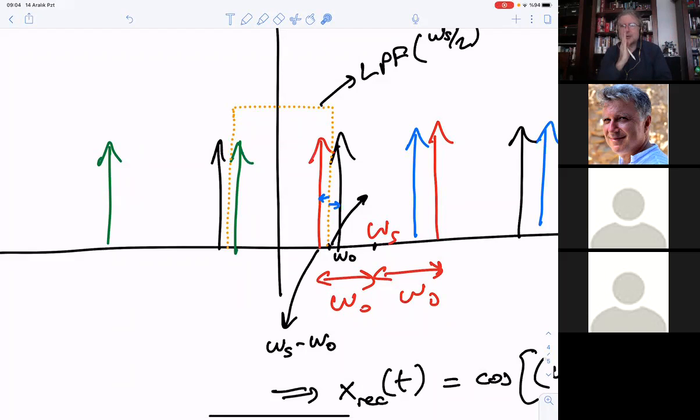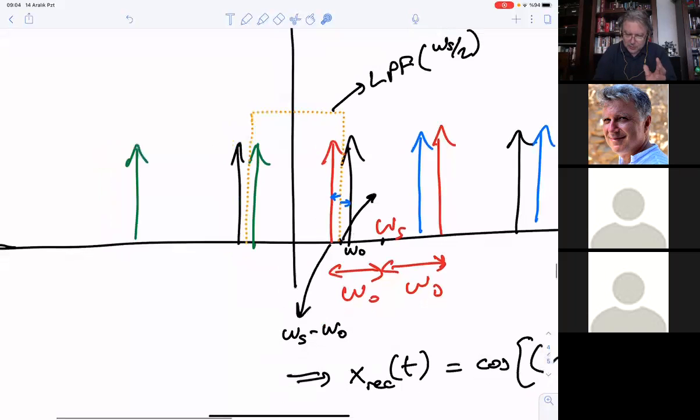So around omega s over 2, these two frequencies of omega 0 and its shadow version will be separated from one another even more, and the green and red signals will start merging with each other. This kind of phenomenon actually happens for any kind of band-limited signal around omega s over 2.